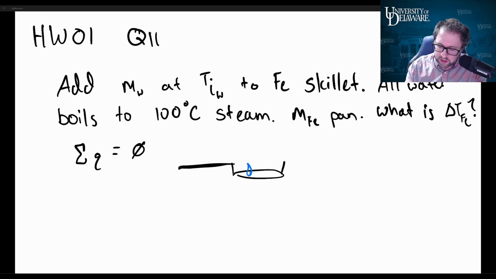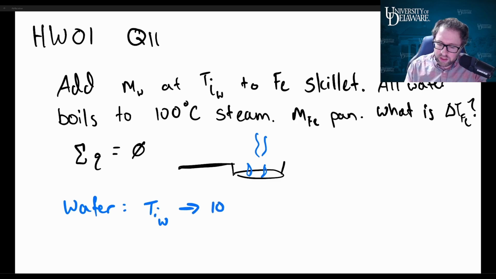We drip that water on there and it's going to boil. So we know that increasing the temperature of water, it's going to have to go from, if we just write that down, our water's going to have to go from its initial temperature to the boiling point, and then it will boil.